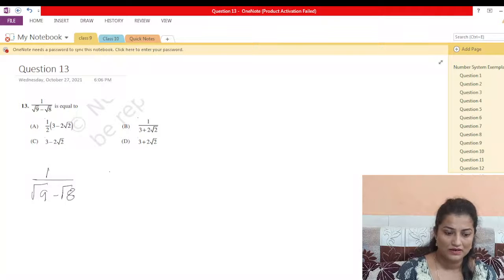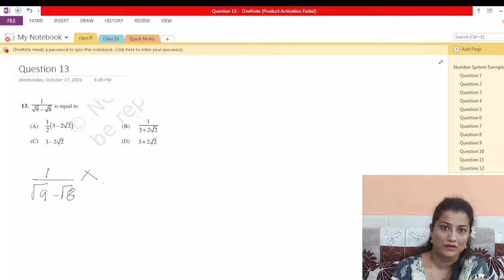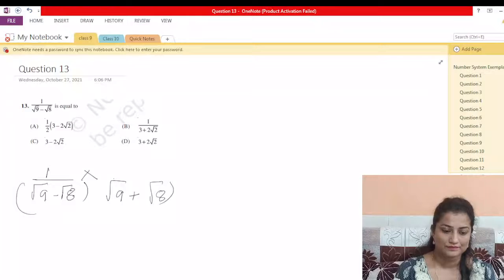Now while rationalizing the denominator, we have already discussed, we have to multiply the numerator and denominator by the opposite factor of the denominator. So the opposite factor here of the denominator is root 9 plus root 8, right?